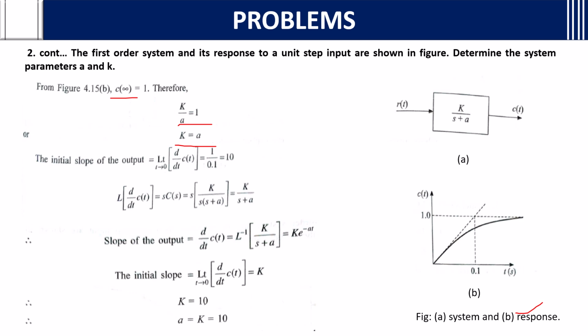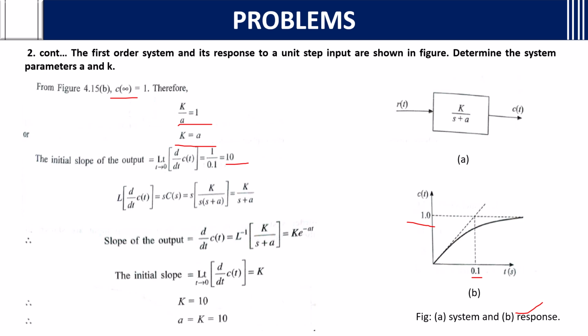Or take the initial slope of the output, limit t tends to 0, d by dt of C of t. What will you get? 1 by 0.1, output by input, which is 10 as the answer.